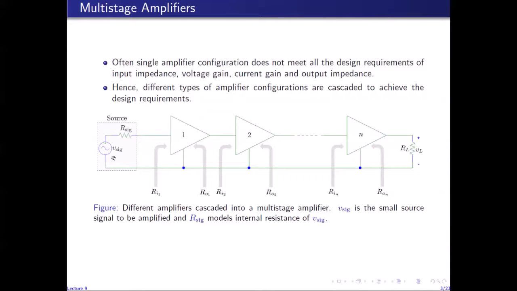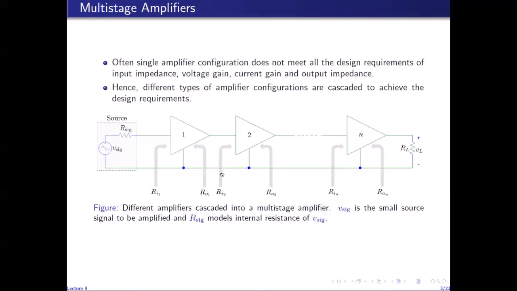As before, I represent the small source signal to be amplified by Vsig. Rsig models the internal resistance of Vsig, and Ri1 is the input resistance of the first stage, which is also the input resistance of the multi-stage amplifier. Ro1 is the output resistance of the first stage.